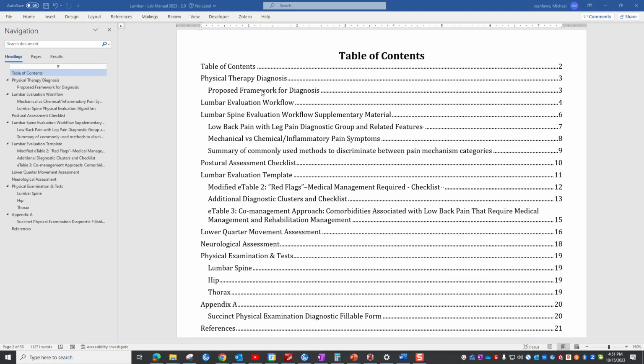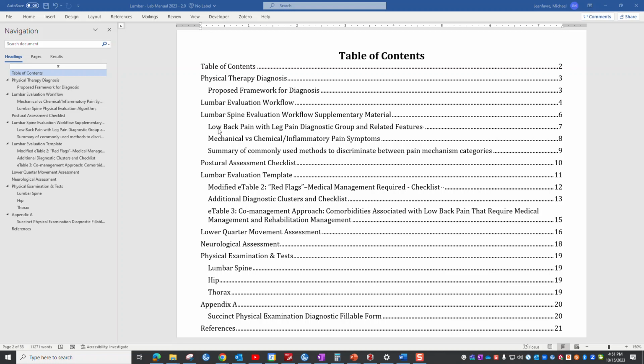The proposed framework for diagnosis, the lumbar evaluation workflow, which is built out in kind of a decision tree, if you will. And then we have an algorithm of the spinal evaluation where you can be selective in determining which assessments and evaluations that you actually incorporate.